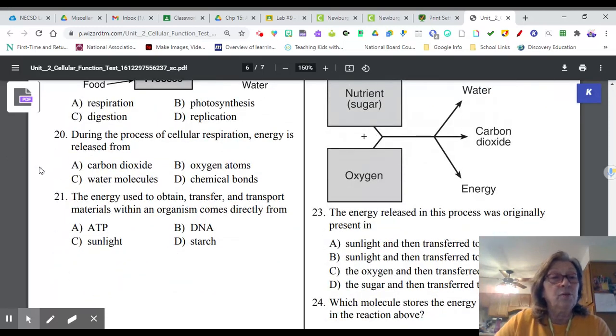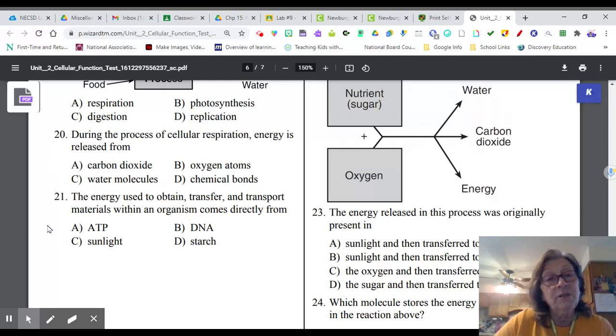Question number 20. During the process of cellular respiration, energy is released from A, carbon dioxide, B, oxygen atoms, C, water molecules, or D, chemical bonds. Question number 21.